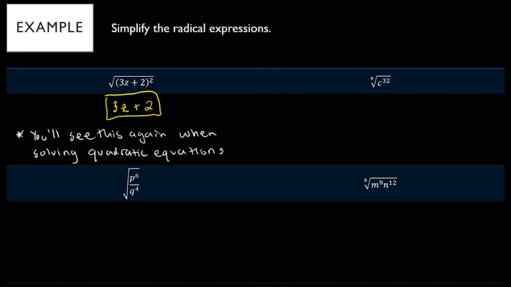Now on the right here, I've got the fourth root of c to the 32. So the inside's bigger, and we basically just do 32 divided by 4. If you really want to write what you're doing, your exponent is 32 divided by 4, written as a fraction.